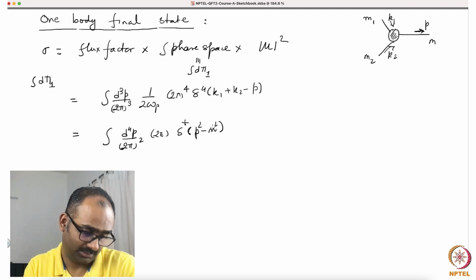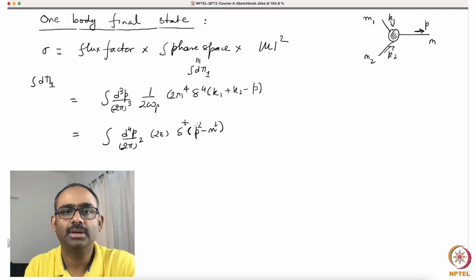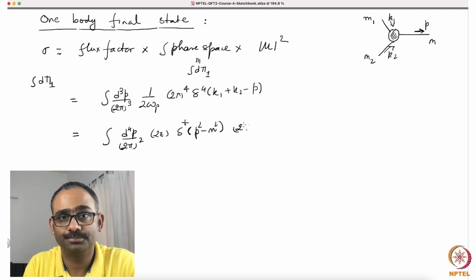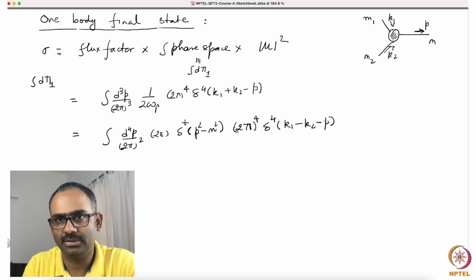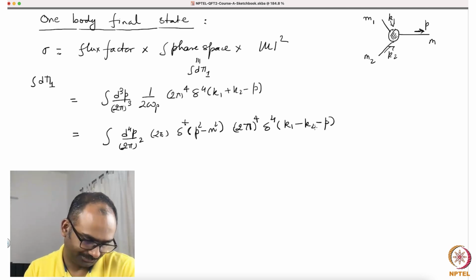Now all the factors are fine. I am still missing this 2 pi to the 4. I think I know what is happening.